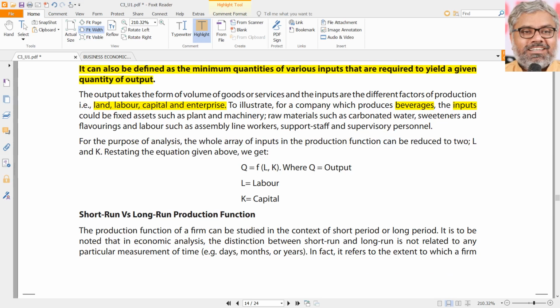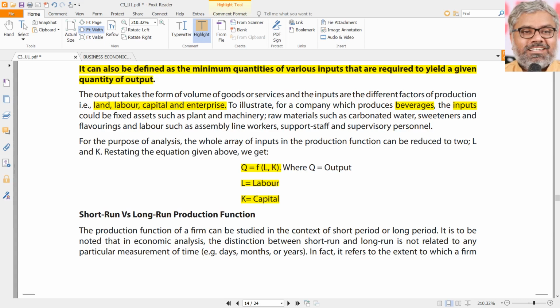So if at all we would like to only restrict the relationship of production with only two factors of production, which are the major and most important factors of production, production function can be expressed even like this also. Q is equal to a function of labor and capital. Again, how much labor, how much capital, that is not what we are going to define.